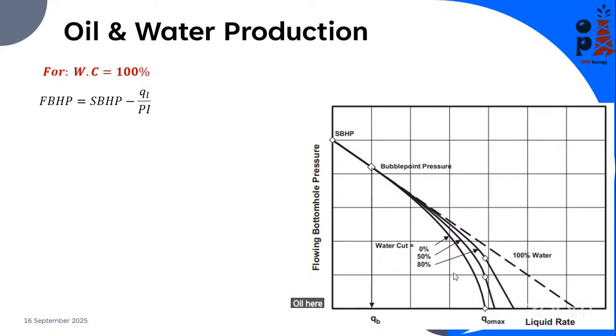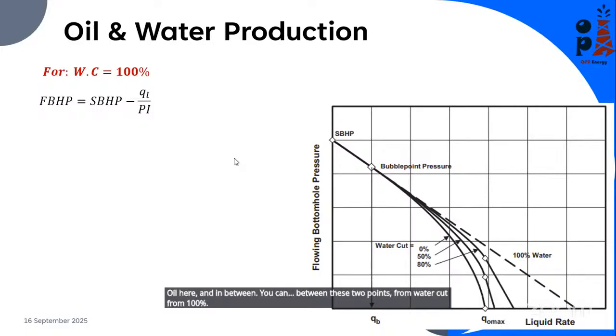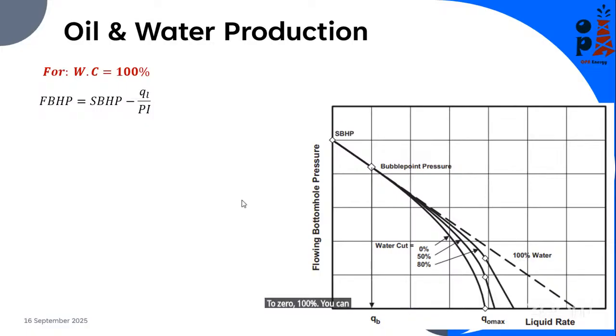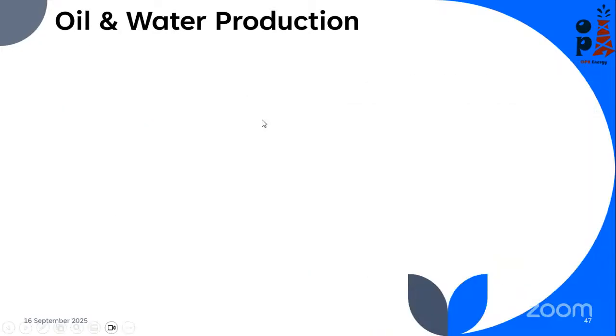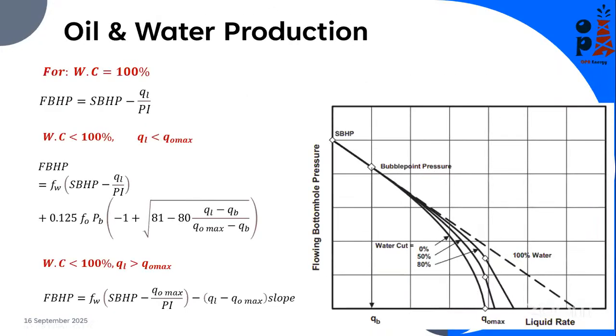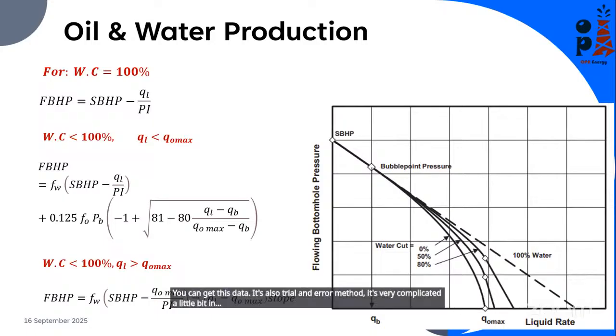And in between these two points, from water cut 0% to 100%, you can get this data. It's also a trial and error method. It's a little bit complicated, especially by hand.